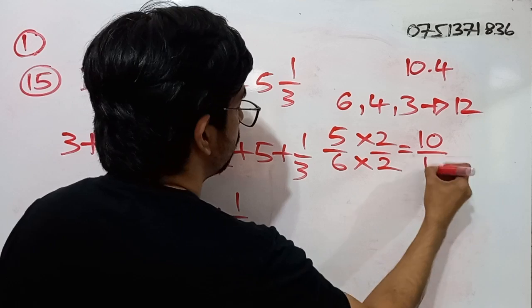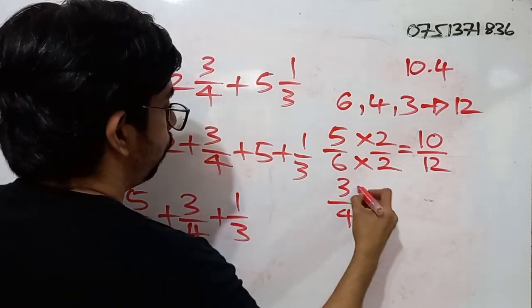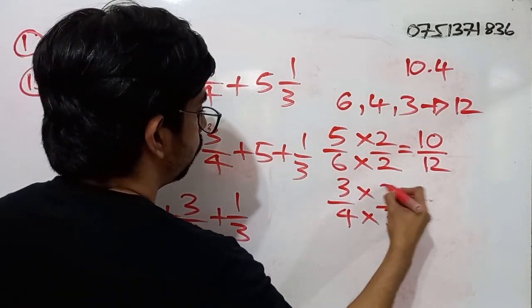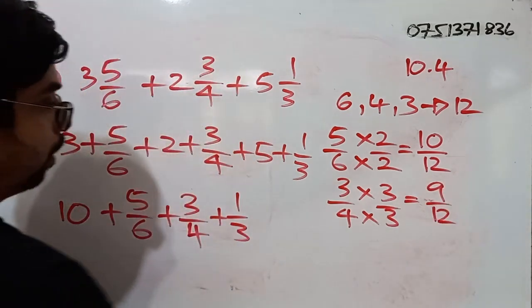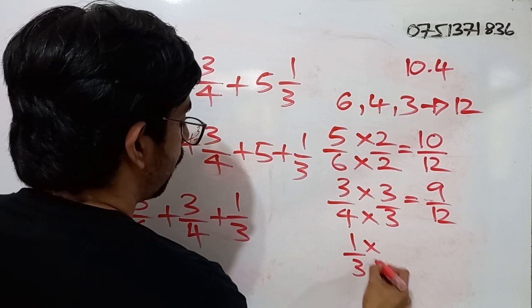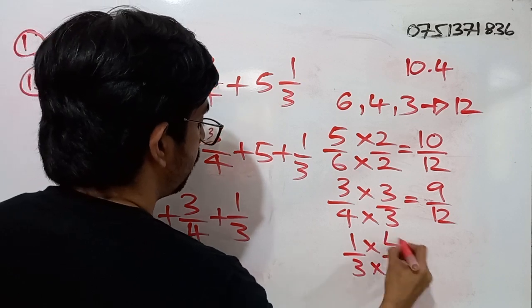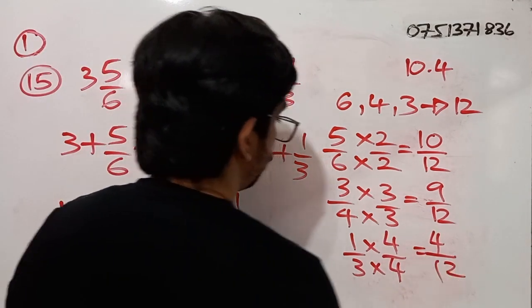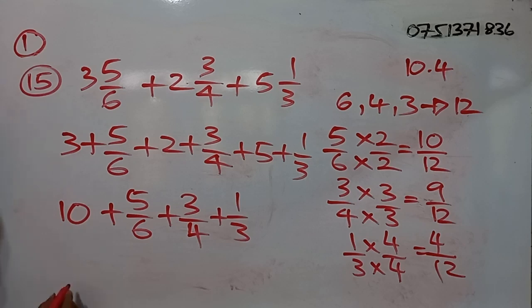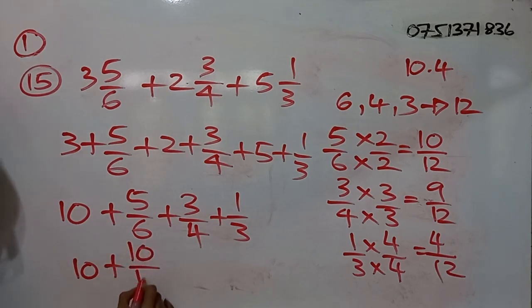So this becomes 10 by 12. 3 by 4, I'll multiply both denominator and numerator by 3. So this becomes 9 by 12. 1 by 3, I'll multiply both denominator and numerator by 4. So this becomes 4 by 12. So now I can rewrite this as what? 10 plus, instead of 5 by 6, I can write 10 by 12.